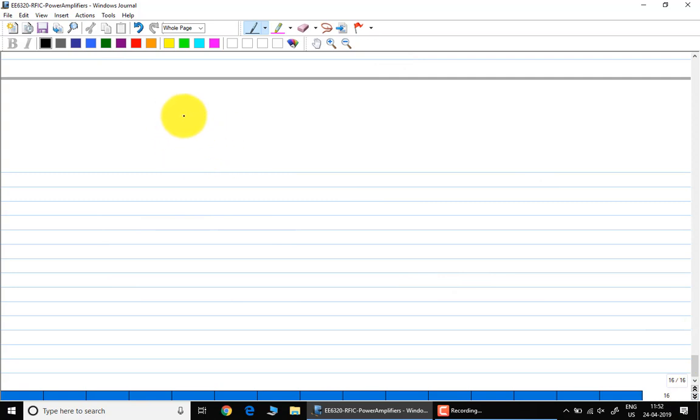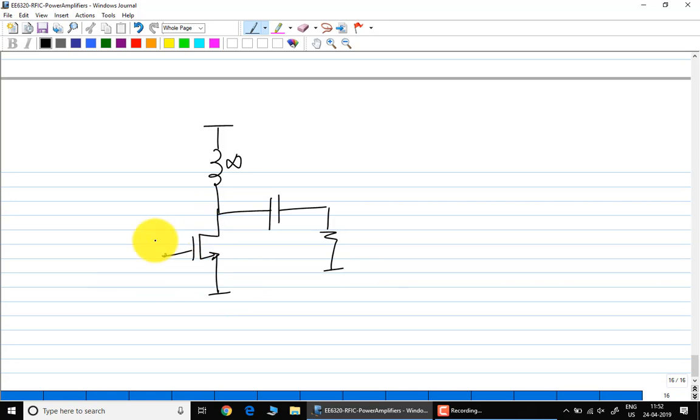Okay, fine. Now let us take this PA. I want to match the input and output to 50 ohms.